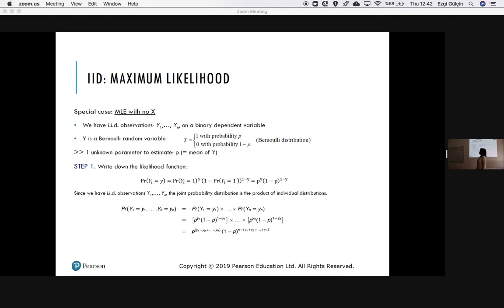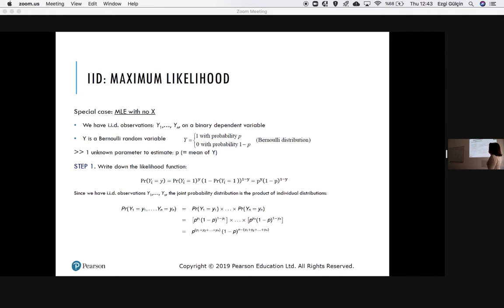These are IID observations, so we don't have an X variable, a regressor, on the right hand side. And we are assuming that this Y variable is distributed according to a Bernoulli random variable. If you remember the Bernoulli distribution, Y is equal to 1 or 0 with probability P or 1 minus P. And then the mean of this Bernoulli variable Y is equal to P.